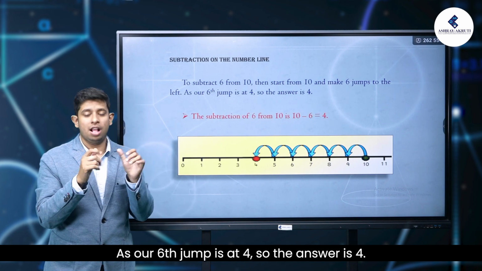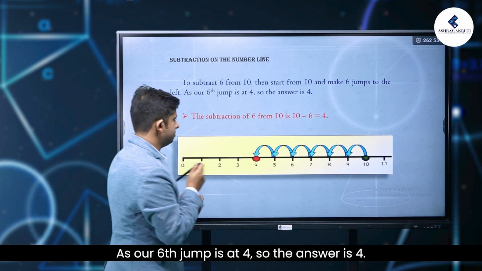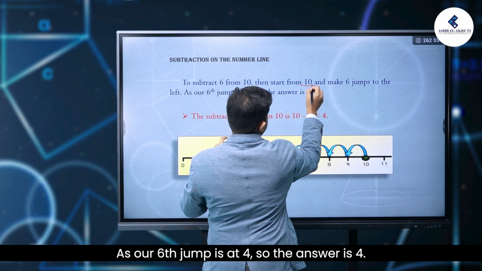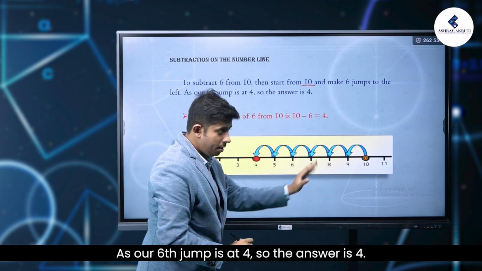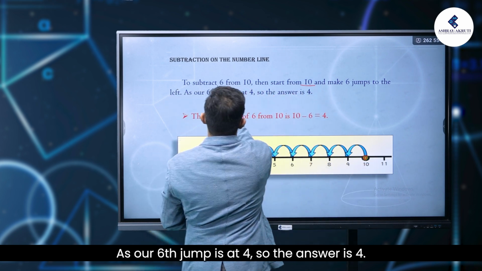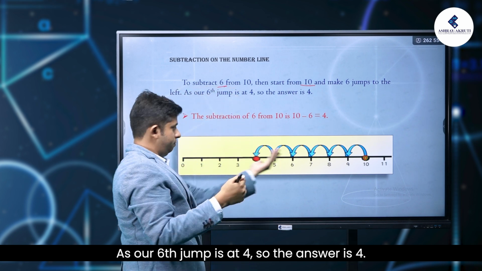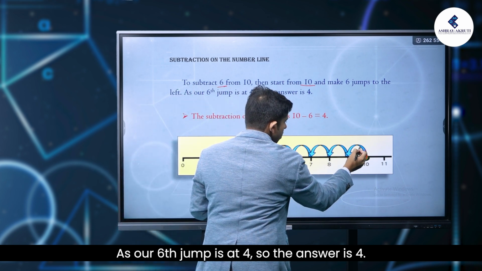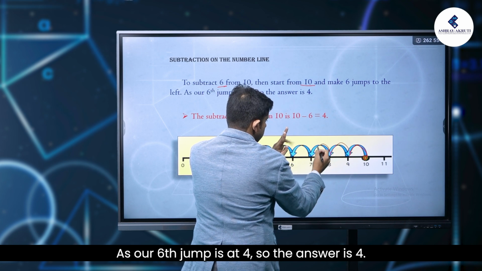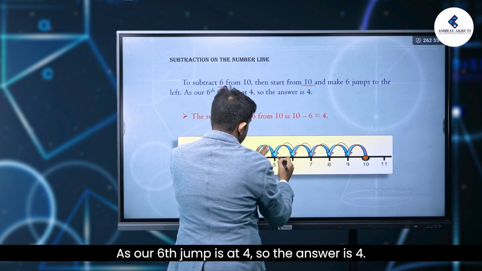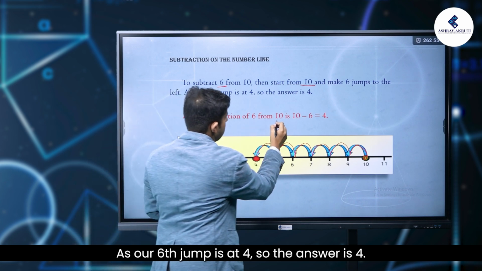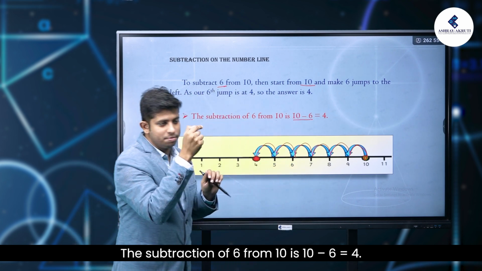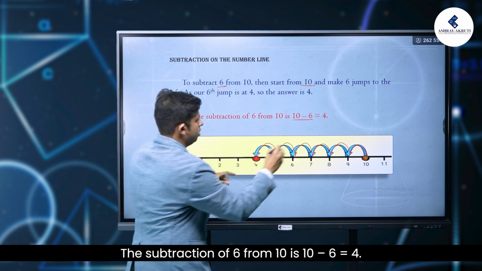As our 6th jump is at 4, the answer is 4. The subtraction of 6 from 10, that is 10 minus 6, is equal to 4.